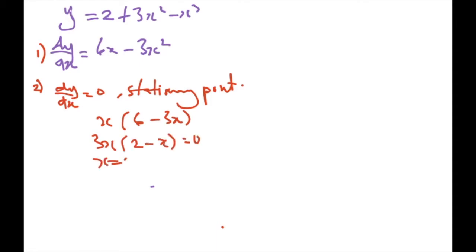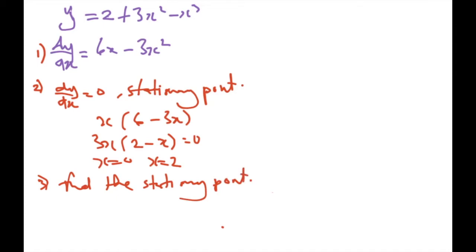So from here, x equals 0 and x equals 2. Okay, now find the coordinates of the stationary points.